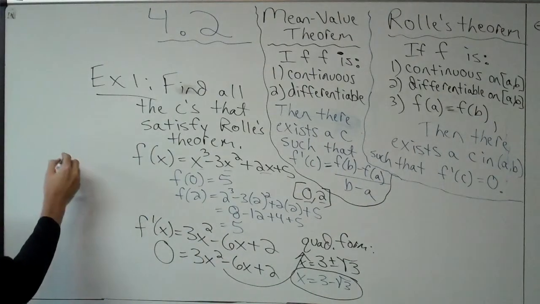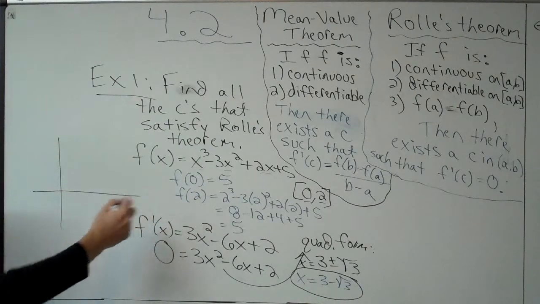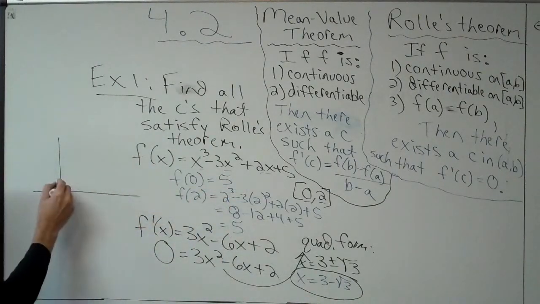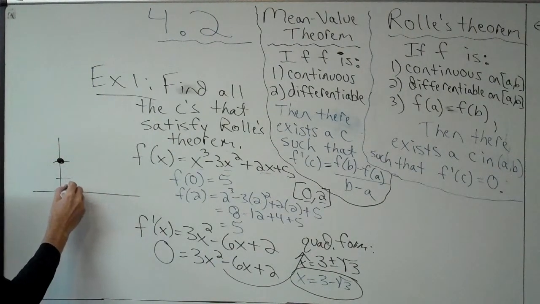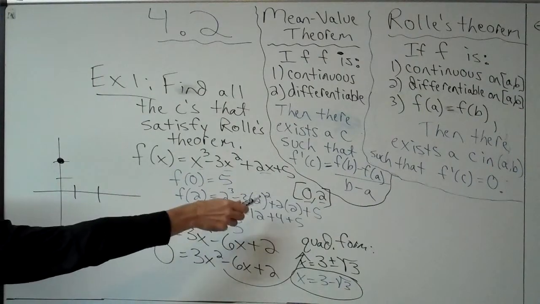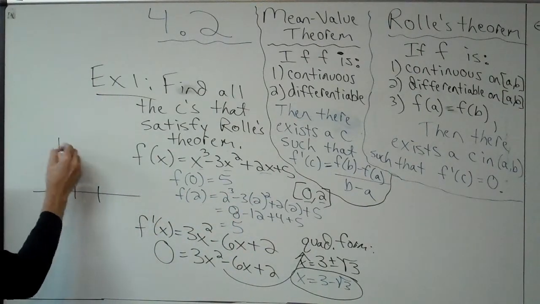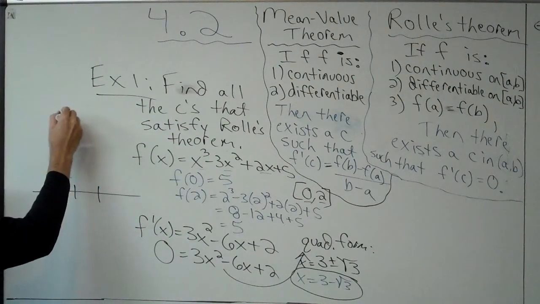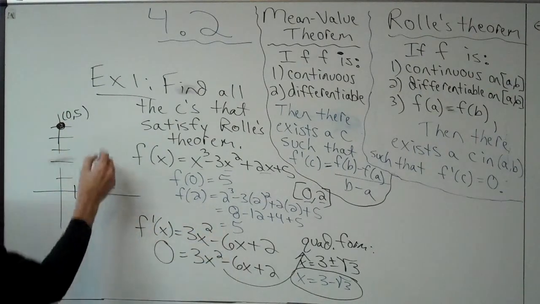Alright, so graphically, here's what we just found. We have a portion of the graph, 0, 5, from 0 to 2. When you plug in a 0 you get 5, so 0, 5, and when you plug in a 2 you also get 5.